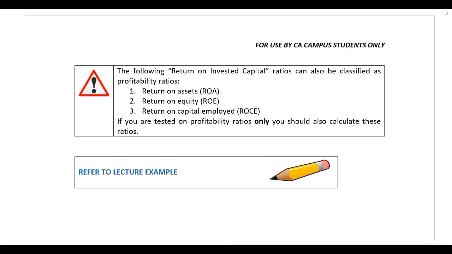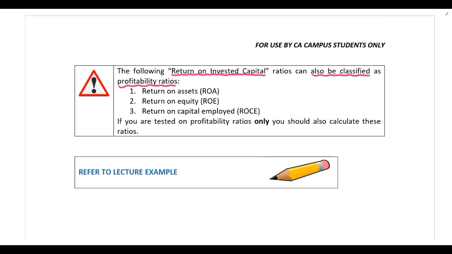Then, to wrap up profitability ratios, please note that the following ratios, which can be found under the heading Return on Invested Capital, can also be classified as profitability ratios. So if the required is open-ended and it says analyze profitability, these ratios should also be calculated if there are enough marks available. So you can calculate return on assets, return on equity, return on capital employed.